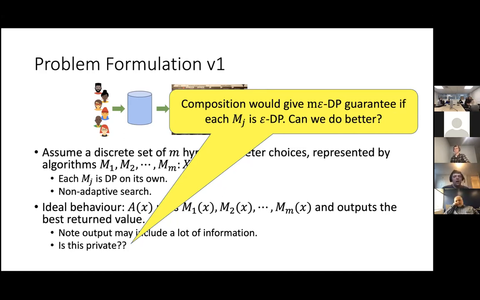I'm just going to assume that the output of the algorithm M includes the hyperparameter, so given the output of M sub J, I can determine what J is. This is without loss of generality because there's no cost in doing this, and I can always just append it to my output. It's just notationally cleaner if I say there's some output space Y. Okay, thank you.